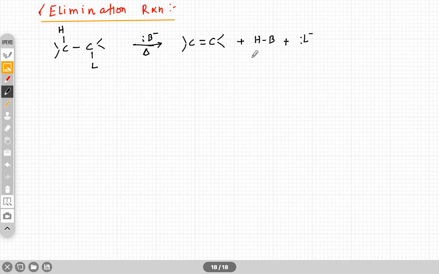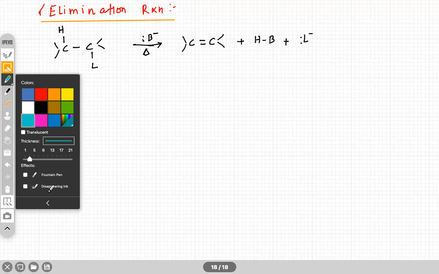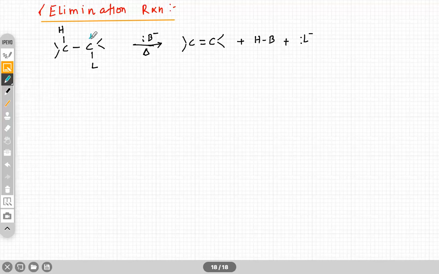So what happens in this? We have a compound on which we have a leaving group attached with one carbon, the alpha carbon, and at the adjacent carbon, the beta carbon, we have at least one hydrogen.